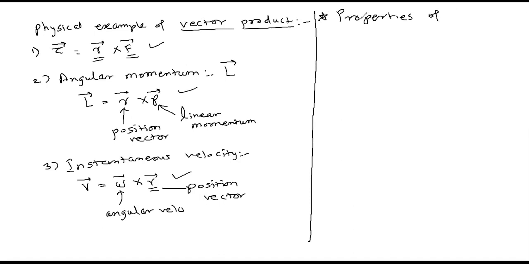Properties of vector product. The first property is that the vector product is anti-commutative.